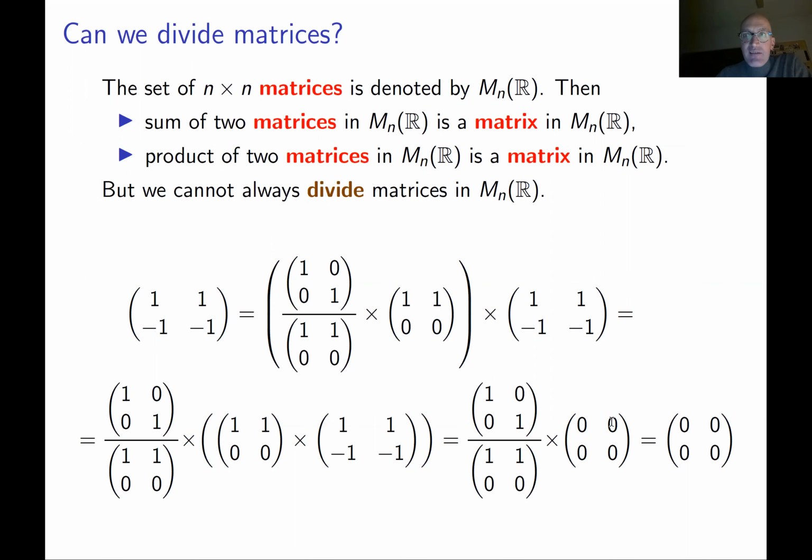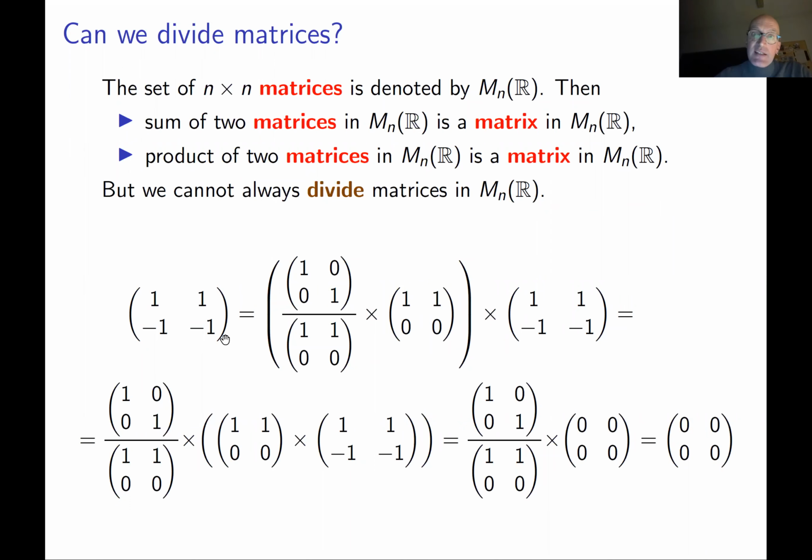This immediately follows from the definition of multiplication. So what happened? We must get 0, 0. But these two matrices, 0, 0 and 1, 1, minus 1, minus 1, are clearly different. They're not the same. So it means we have a problem.